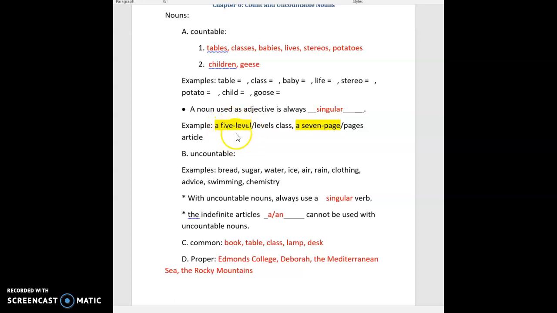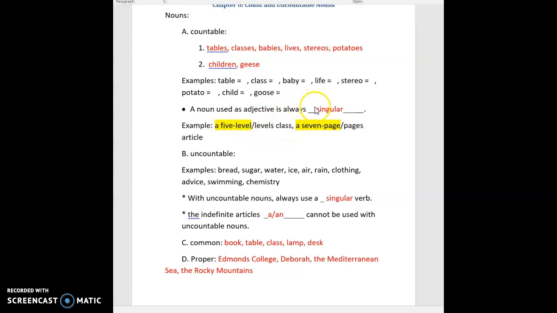English sometimes uses nouns as adjectives, or the words that describe nouns. So you can say, I am taking a 5-level class. Or it is a 7-page article. So notice this is describing the article, this is describing the class.